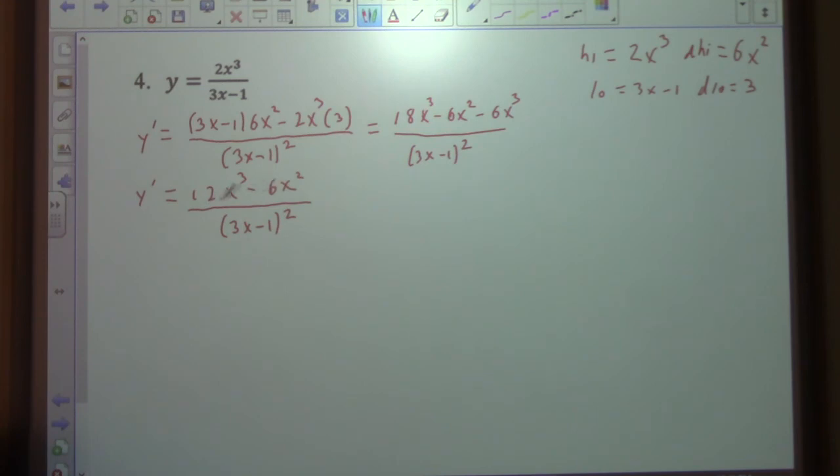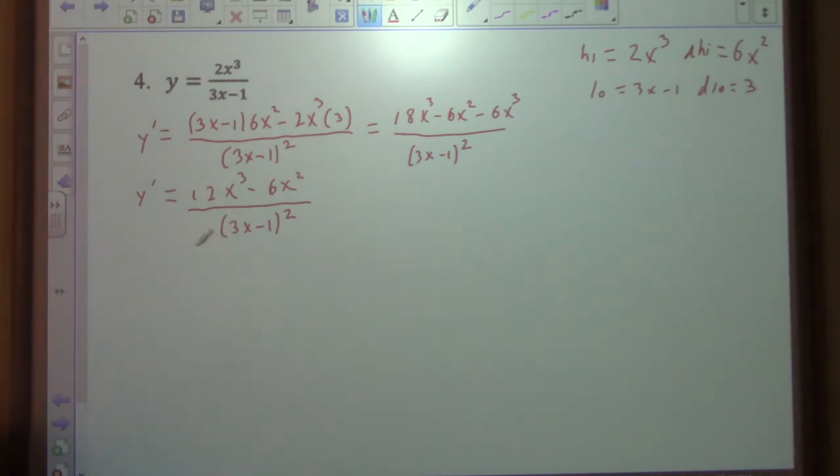What are we going to do next for this one to find our critical numbers? Critical numbers are what? Where f prime of x is equal to 0 or undefined.